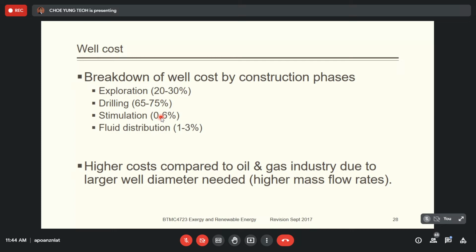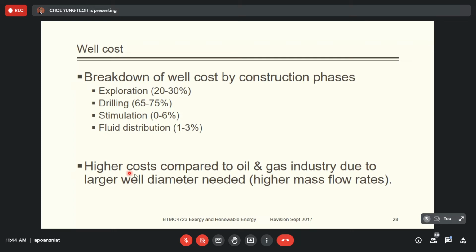But I think most of them still need some stimulation to make more cracks, so that water can contact the rock more evenly. And then also the fluid distribution, 1 to 3%. How you plan the water distribution in the underground.